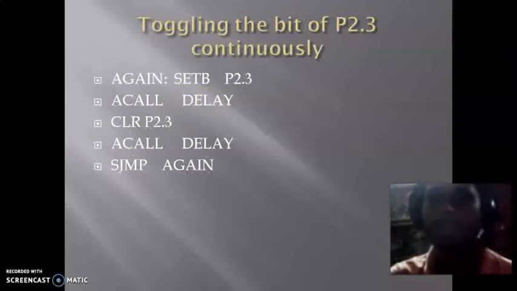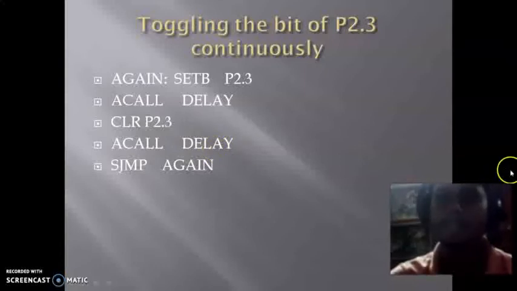A delay program is written at a particular address. Then we will clear P2.3, so P2.3 will be equal to 0. Again we will call a delay, which is written at a particular address. Then this subroutine is called.